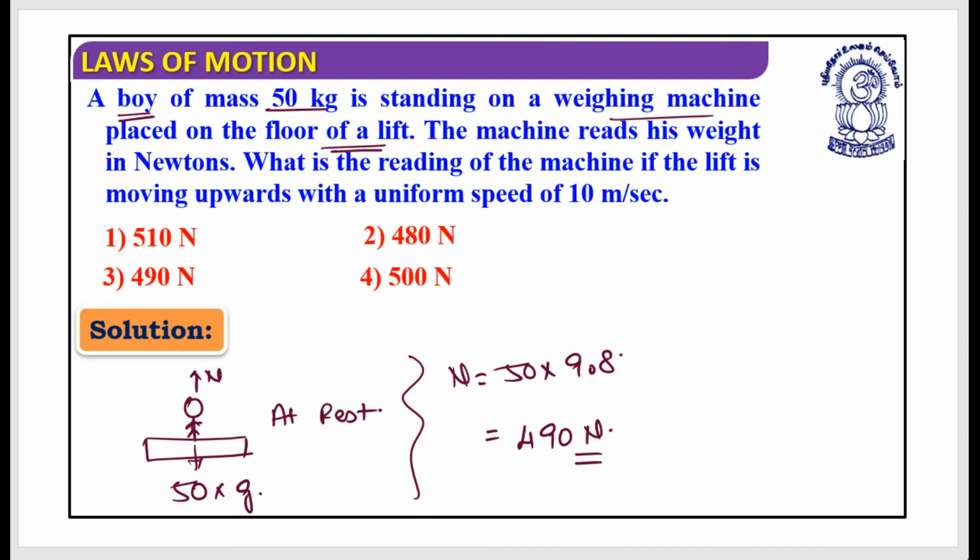Now the question says, what is the reading of the machine if the lift is moving upward with a uniform speed? Look at this, this word is very important: uniform speed of 10 meters per second.